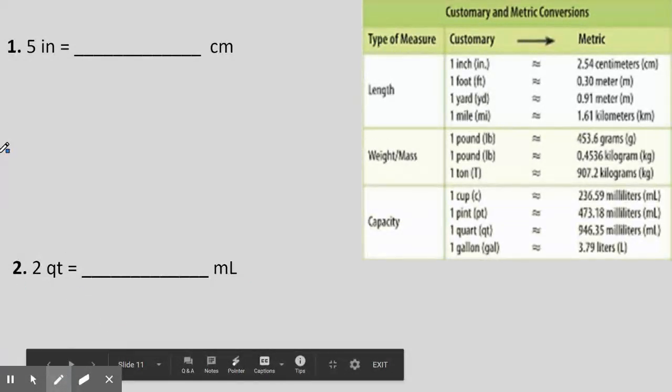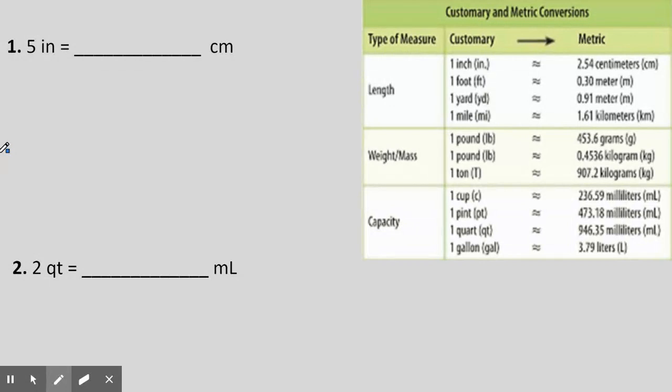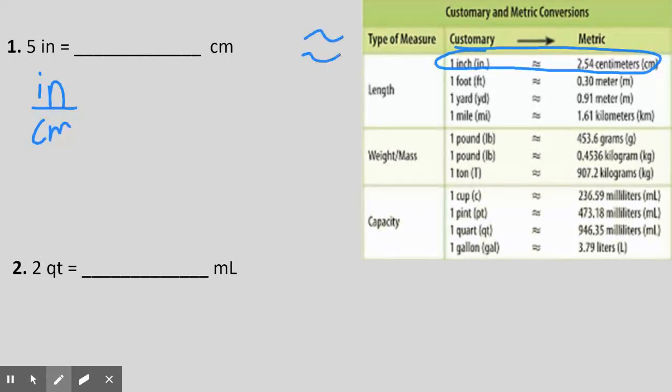I'm going to write my word ratio. So for number 1, I'm going from inches to centimeters. I'm going to look at what I know. I know 1 inch is approximately 2.54 centimeters. Now, that little squiggle line means approximately. It does not mean equal. The approximately means it's not exact. So I'm going to write 1 inch over 2.54 centimeters.